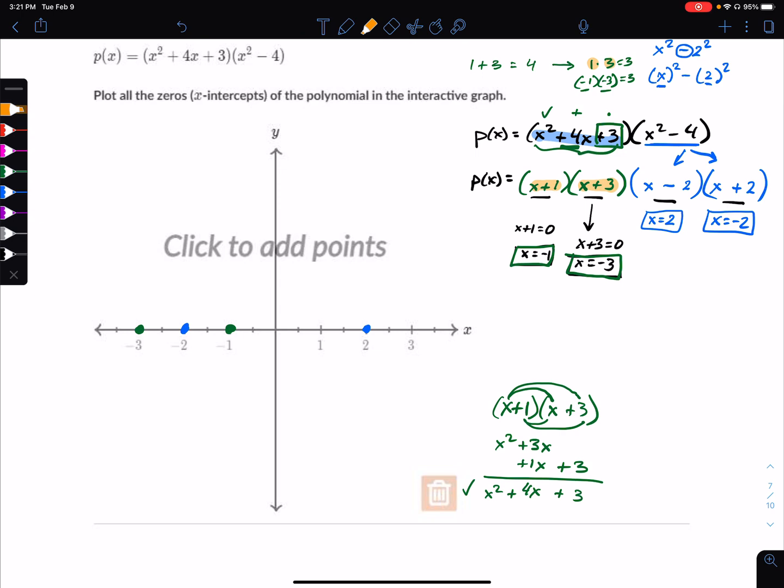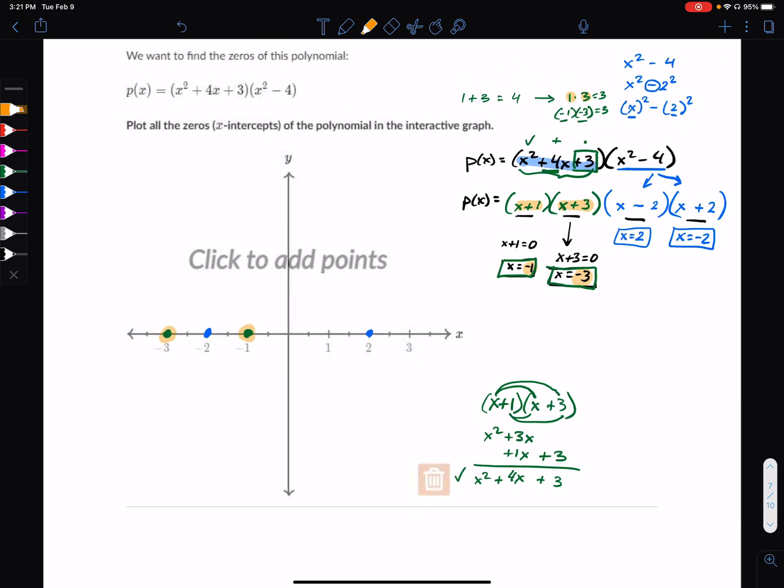But then when we go to the graph, we're looking at zeros, and we end up dealing with -1 and -3. So be careful what part of the process you're working in when you're placing these points on the graph. Factoring it is one set of work, and then extracting the 0 from those factors usually gives you the opposite, or the 0 of that expression.